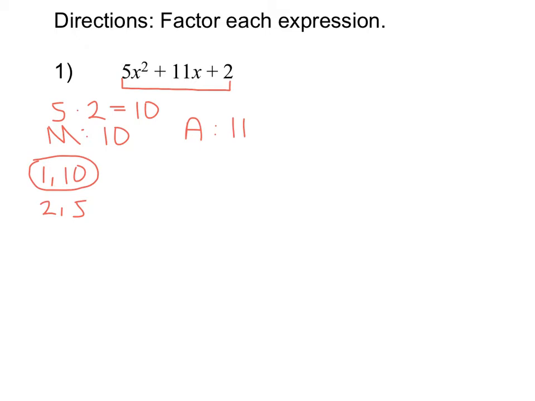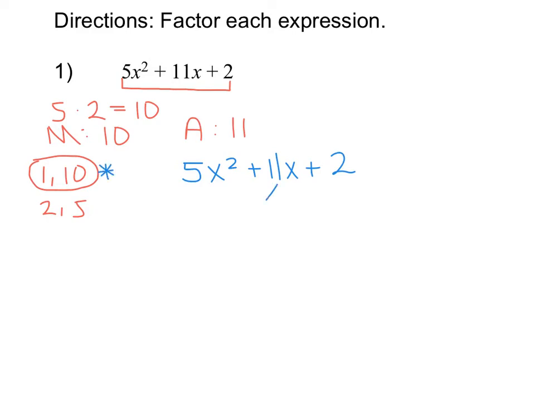So for now, this one, we have to do these problems a little bit different when our a value is greater than 1. And we're going to use a method called splitting the middle. So what we're going to do is I'm going to rewrite 5x squared plus 11x plus 2. So I'm rewriting the original problem. We found our factors, 1 and 10.